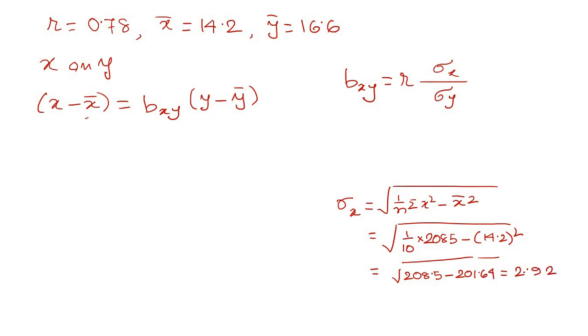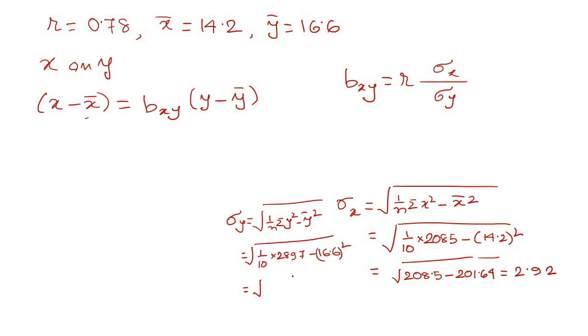Okay, fine. But I need sigma y also. Sigma y is equal to under root 1 by n summation y square minus y bar whole square. So this is equal to 1 by 10 into summation y square is 2897 minus y bar is 16.6, so it's 16.6 square.